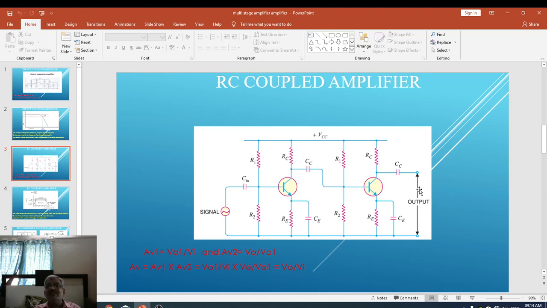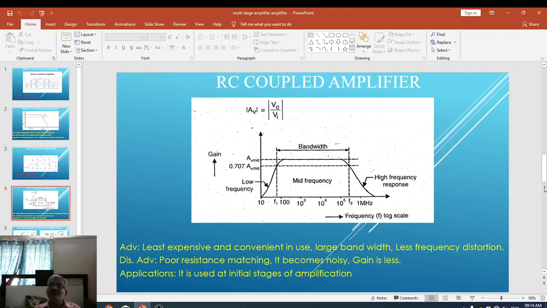Then calculate the voltage gain of the two-stage amplifier for the different input frequencies and then plot the graph of gain versus frequency, which is represented in this graph. Friends, this is the frequency response curve of the RC coupled amplifier.